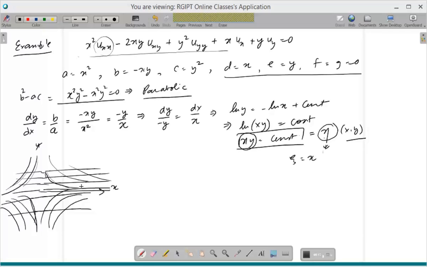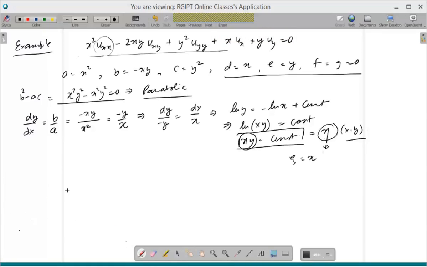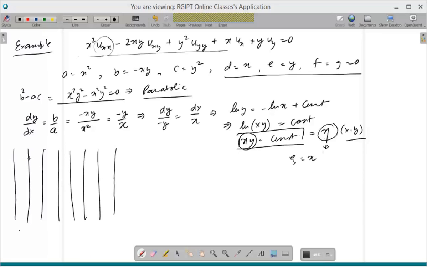If I talk in terms of x, zeta and eta, x is the same as zeta, and these are my constant eta lines. These are my constant x lines, or constant zeta lines. Actually, constant x lines should be vertical, so let me correct myself. These are my constant x or constant zeta lines, and these would be my constant eta lines.